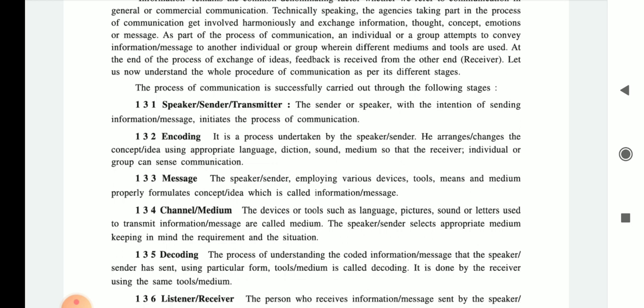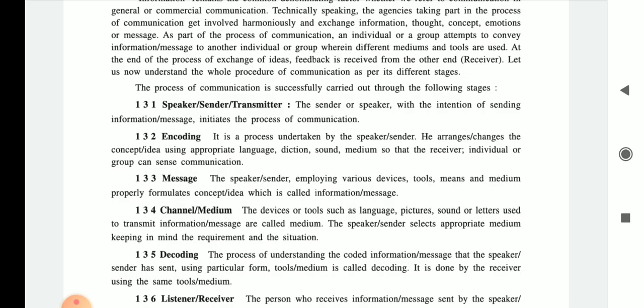At the end of the process of the exchange of ideas, feedback is received from the others. After completing the process, you will get the reply, in a different and good manner. Feedback is the most important part.